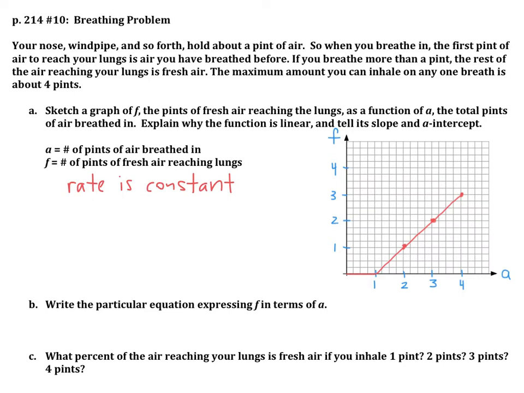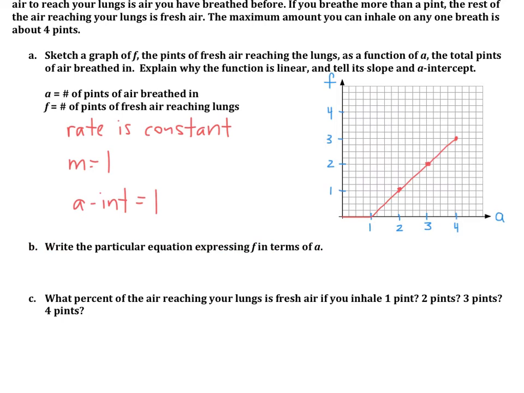Another word we can use is our slope. Our slope, we should recognize, is going to be 1. And what's our A intercept? When we don't have any fresh pints of air reaching our lungs, what's our A value? We should see that our A intercept is also 1.